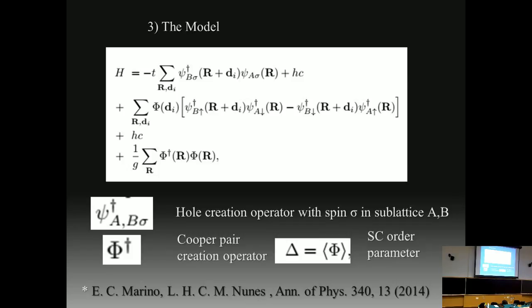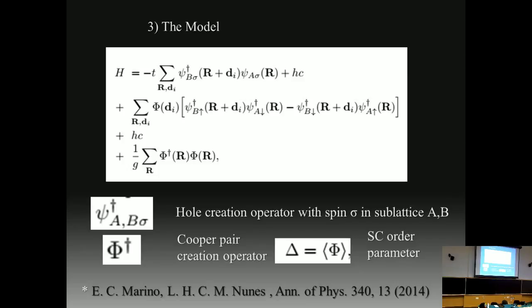And then we have an interaction term. Phi here is the Cooper pair creation operator, and we have this BCS-like interaction. If we integrate over phi, which is quadratic and linear, we have a quartic interaction Lagrangian.